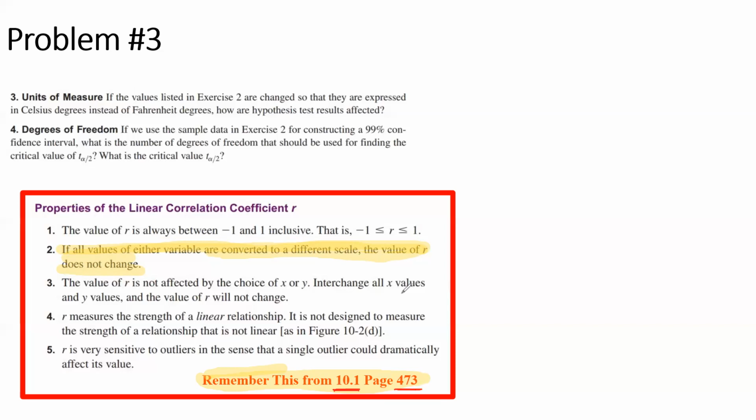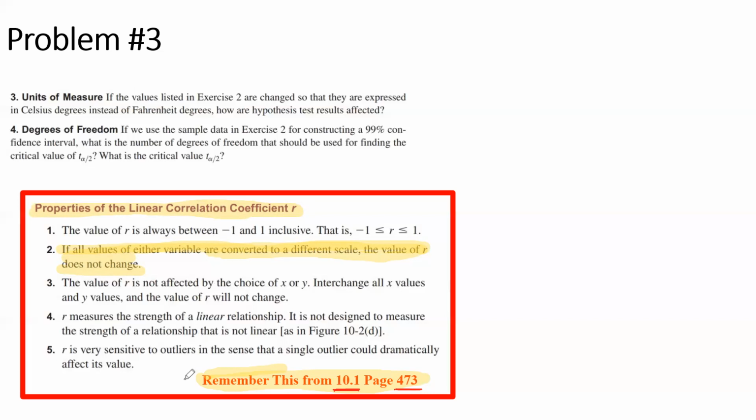So what we learned last week is not just something that we can drop down and forget about as we move on in the future. We talked about this in 10.1 when we were talking about the properties of the linear correlational coefficient. Now, you guys might have skipped over that, but in 10.2, they argued that regression and multiple regression are nothing more than complex linear correlational coefficients.